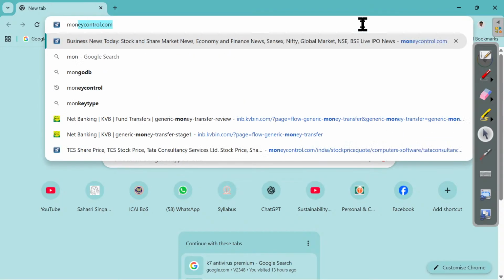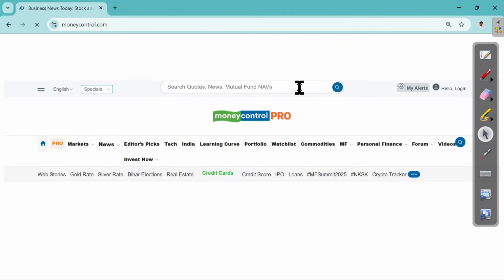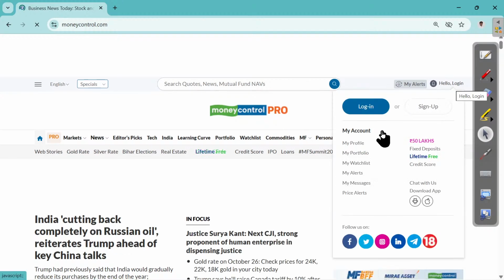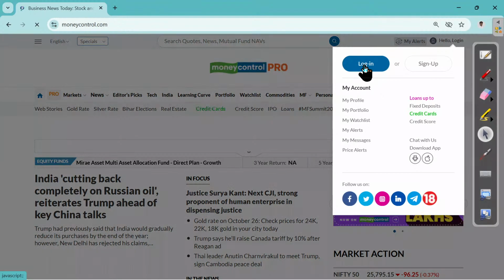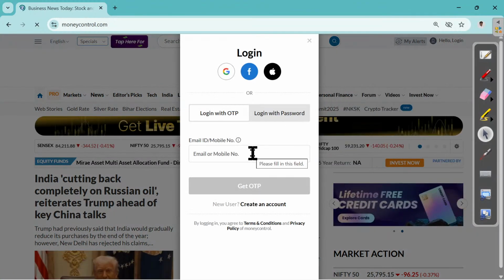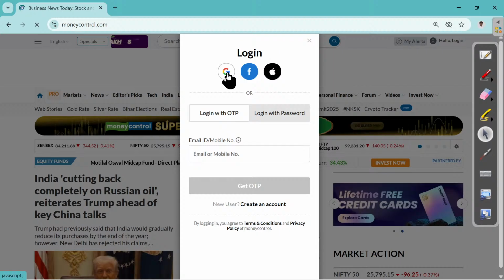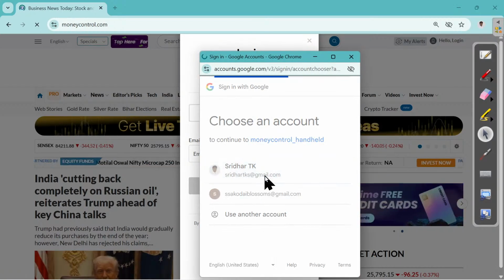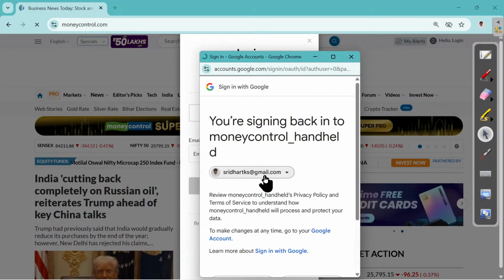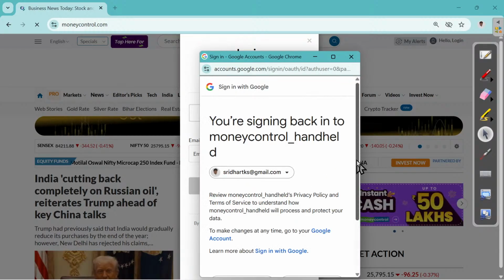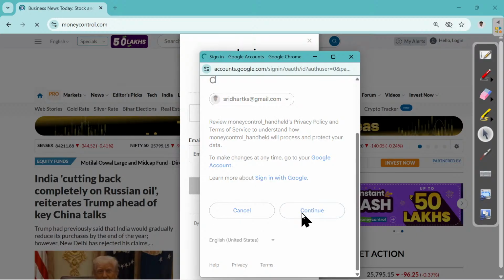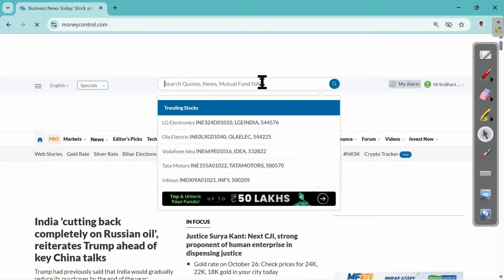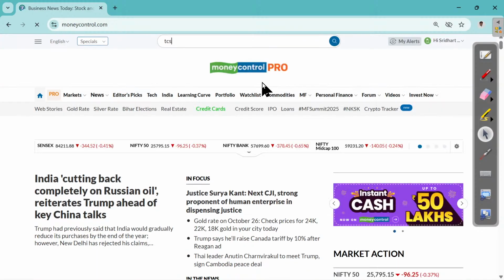See, you can see the financial report of any listed company. So we'll start with the TCS.